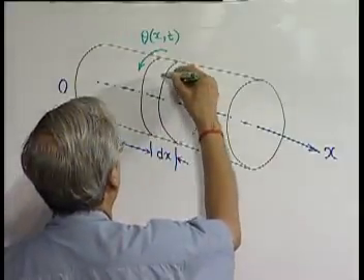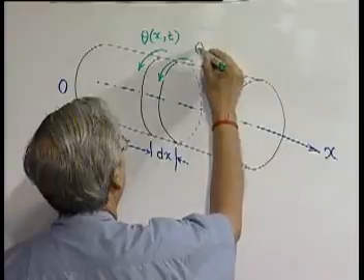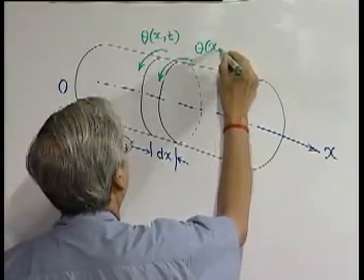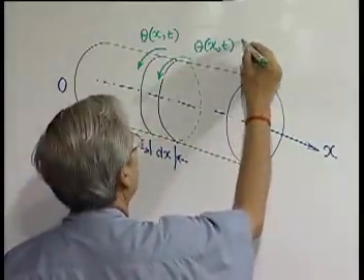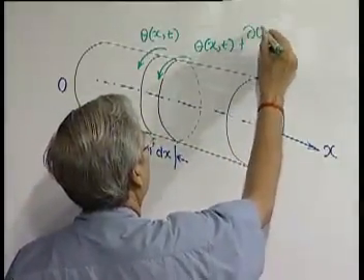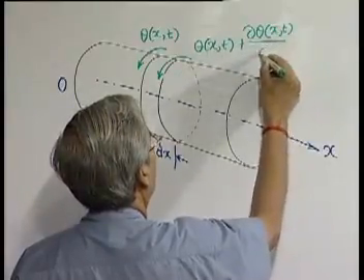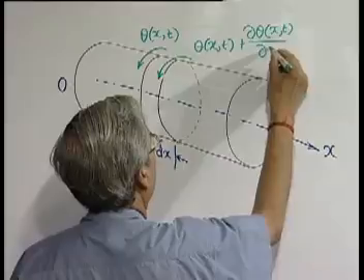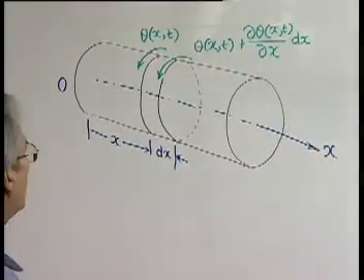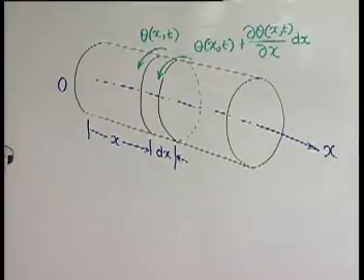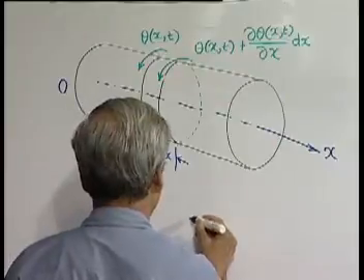And obviously the rotation of the other one will be the amount of rotation of this plus the slight difference. So these are the displacements of the two ends of the element. Now let us draw the elements separately.